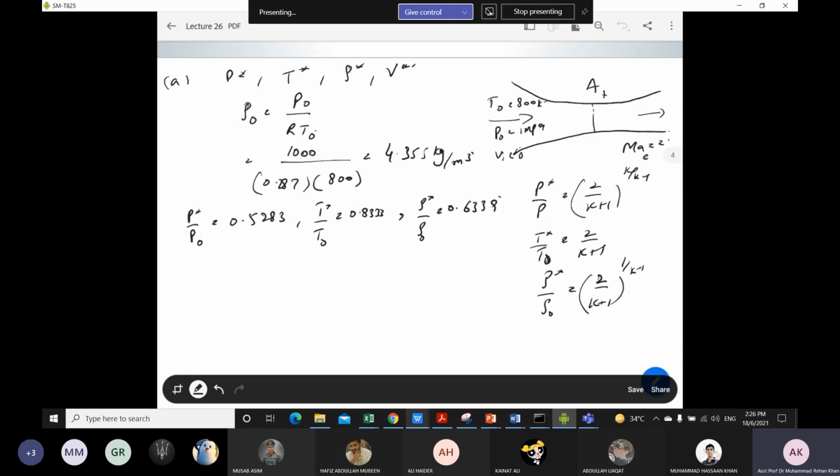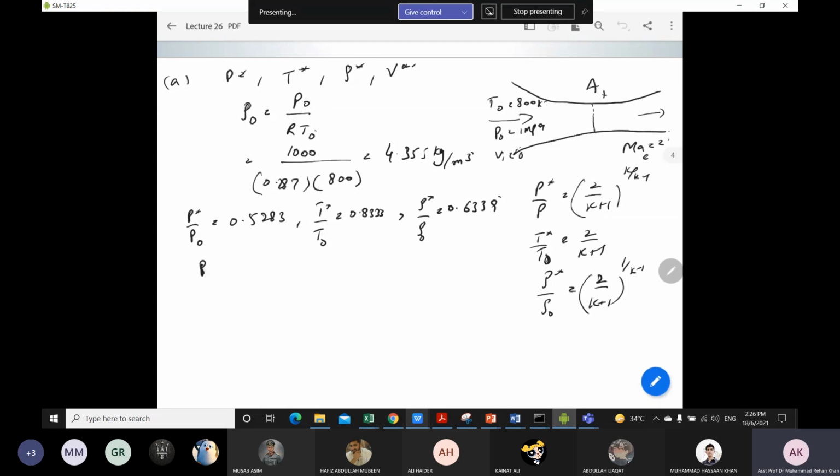So now the ratios of these properties to the stagnation properties are known to us. From here we can easily figure out the P star, T star, and rho star values. P star is equal to 0.5283 into P naught. P naught is 1 megapascal, so P star is 0.5283 megapascal.